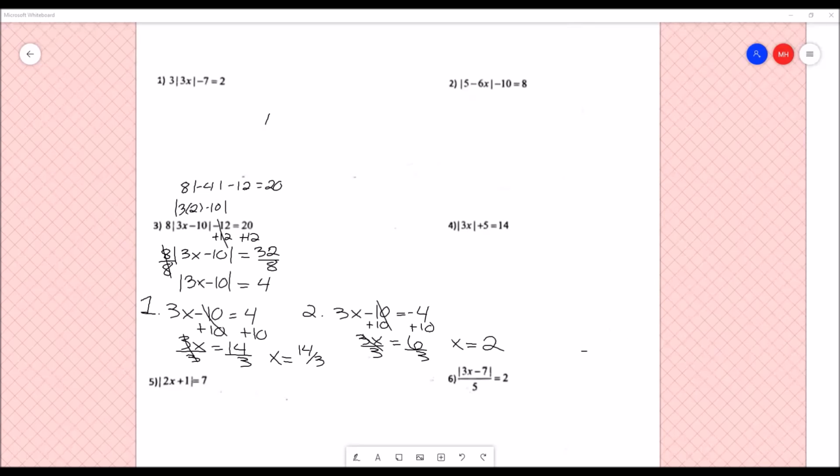If I keep going on my left-hand side, I now have 8 times the absolute value of negative 4, which would be 8 times a positive 4. So 32 minus 12. 32 minus 12 gives me 20. 20 equals 20. Bam, done.